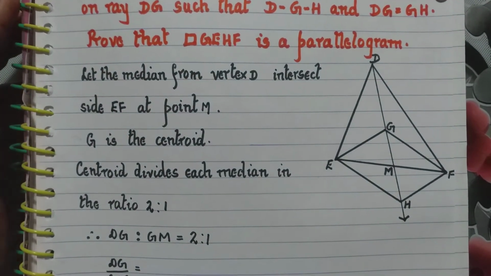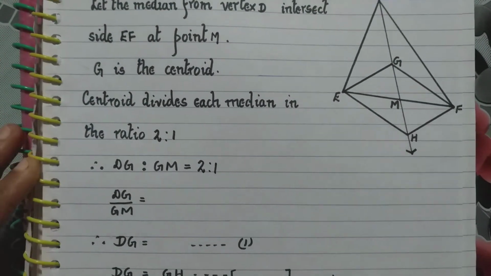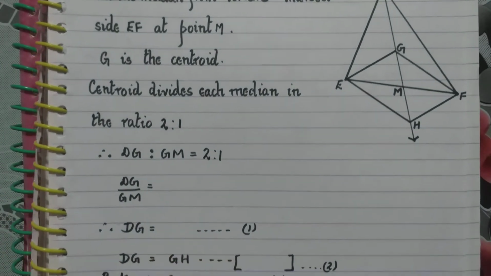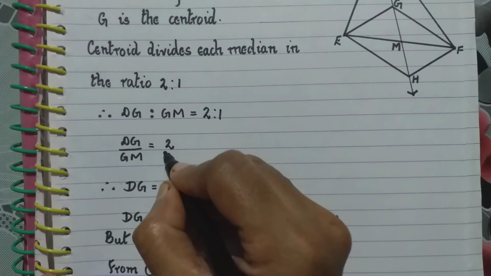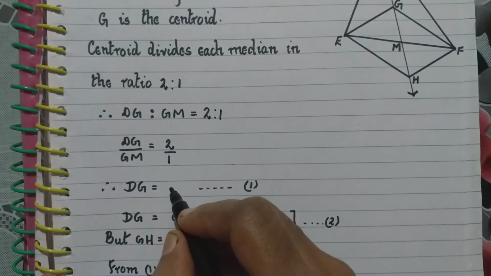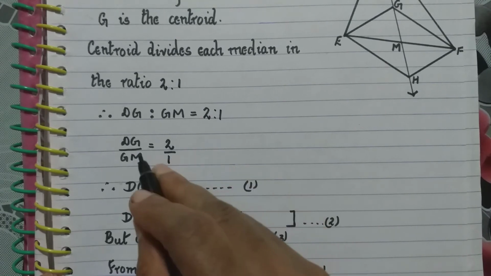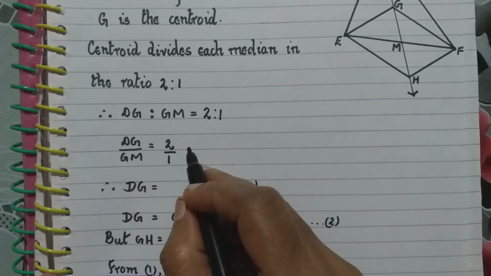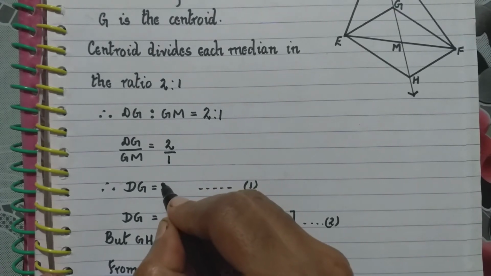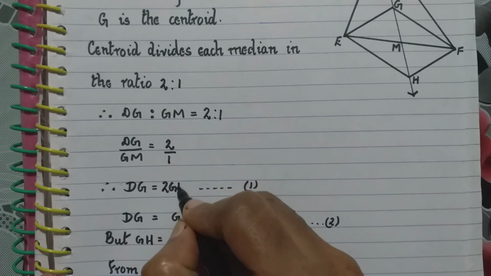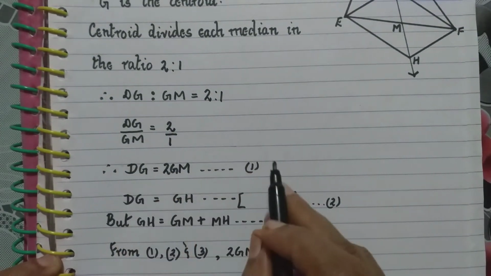Now if I write this ratio in fraction form, DG upon GM, it would be 2/1. Now in the next step, if I take GM on the opposite side, what happens? DG is equal to 2GM. 2GM upon 1 is 2GM itself. So here DG becomes 2GM.